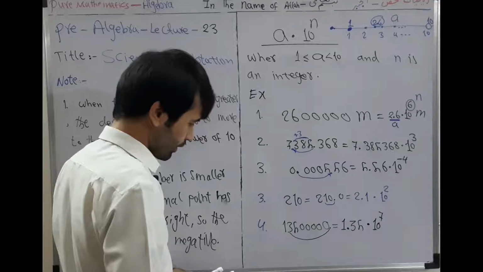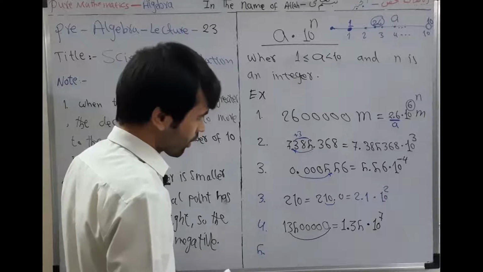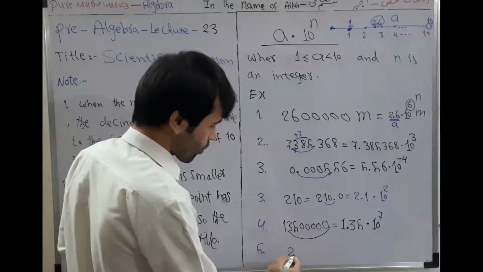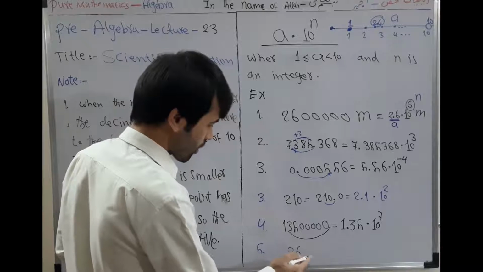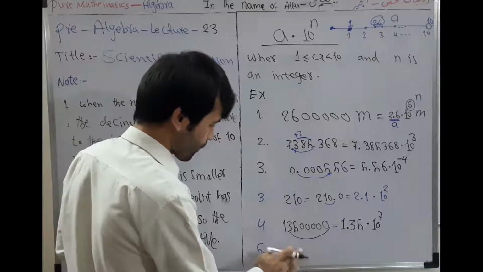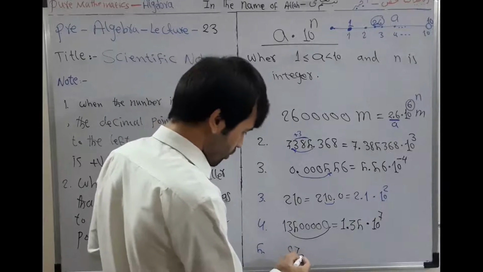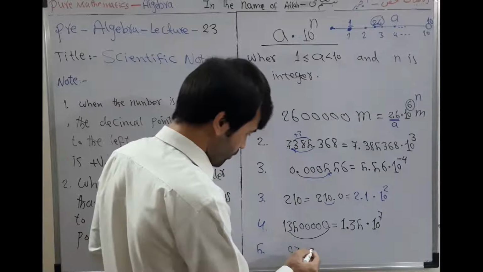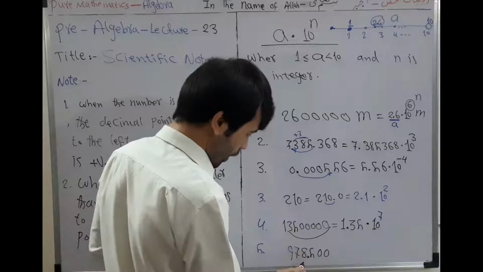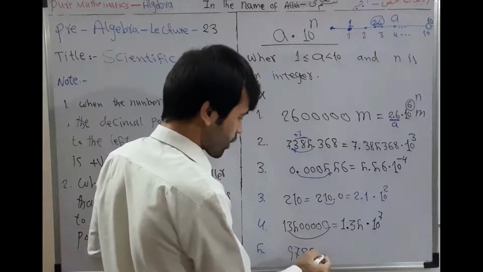Number 5. If we have 978.5005, it is equal to 8.5.